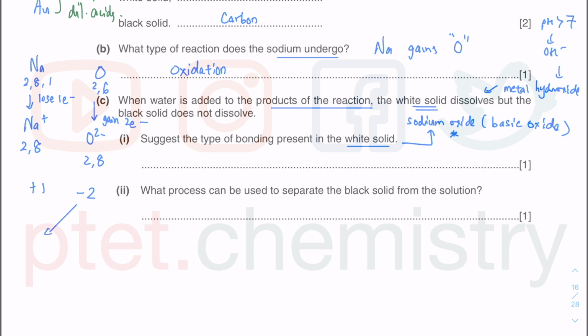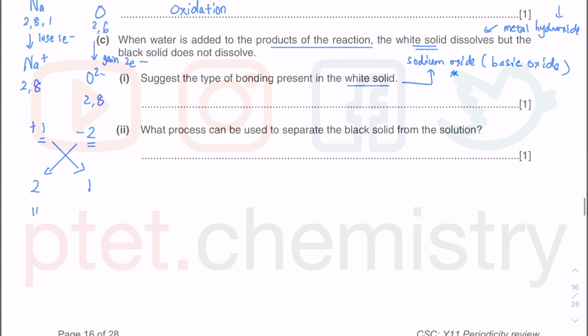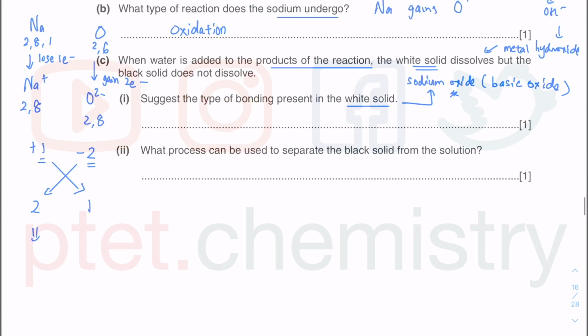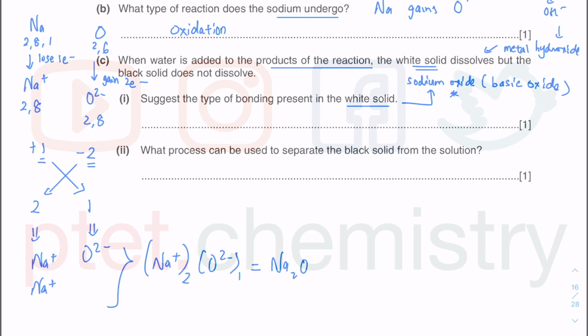You're going to cross multiply the value of the charges, which is 2 there, the value of the charges, which is 1 there. What that means is I don't cross multiply the ion, or the charges. I cross multiply the value. 2 here refers to 2 Na plus, so I need 2 Na plus, and I need 1 O2 minus, and therefore I can see the formula is 2 of the Na plus, 1 of the O2 minus. I have Na2O.